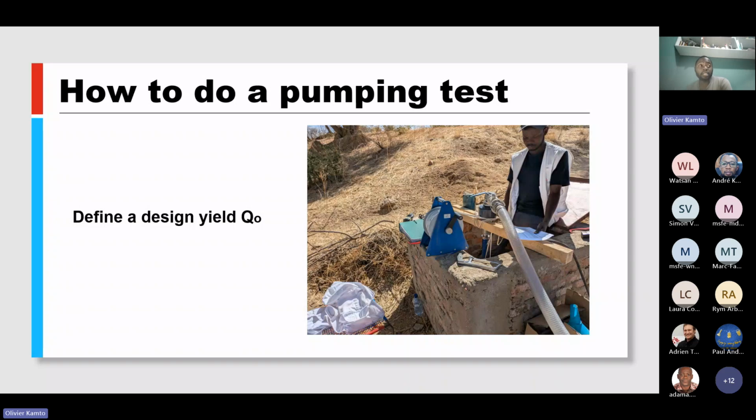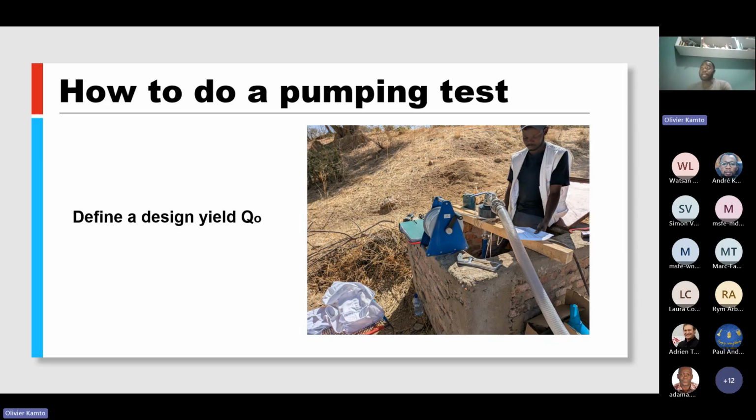Or again, generally during flushing, I think yesterday was mentioned, we have to do the flushing until the water that is being flushed out of the borehole comes to a stable flow. So sometimes we can decide to use the flow that is given by the driller, by those who drilled, and generally was gotten from the flushing. But it's generally not the best. But yeah, sometimes it's also used.